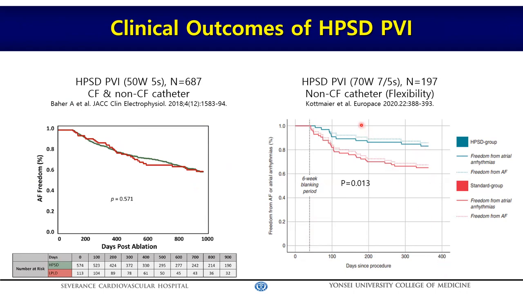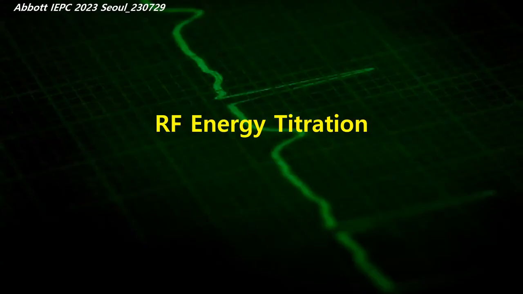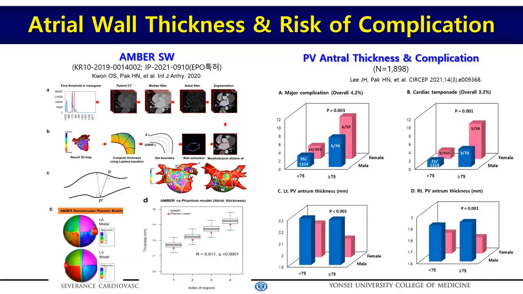I actually tried the same protocol with 70 watts, but found char formation on the flexibility catheter tip. So I reduced the power to 50 to 60 watts and increased the irrigated flow. Since we do not know how powerful hyper-short duration is, we thought that RF energy titration was necessary.